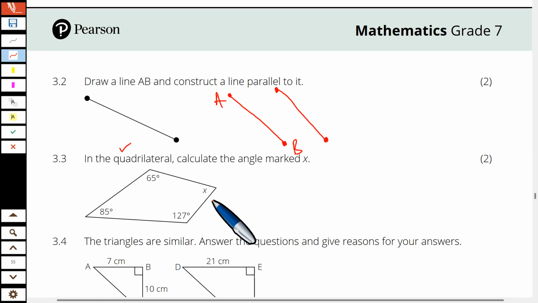Obviously, that is what we are verifying here. All right, let's look at that one, 3.3.